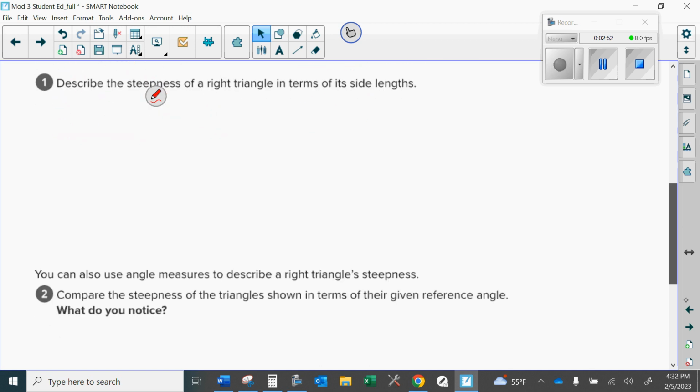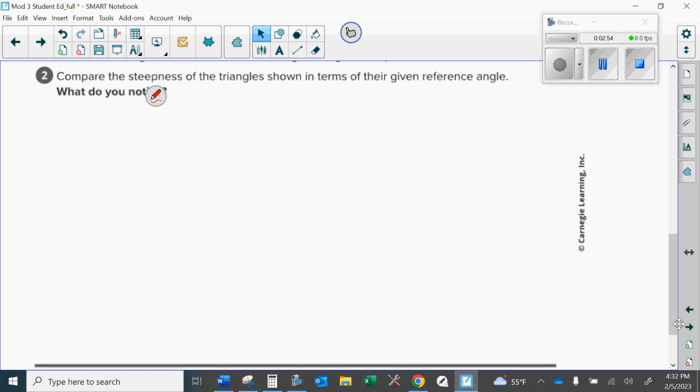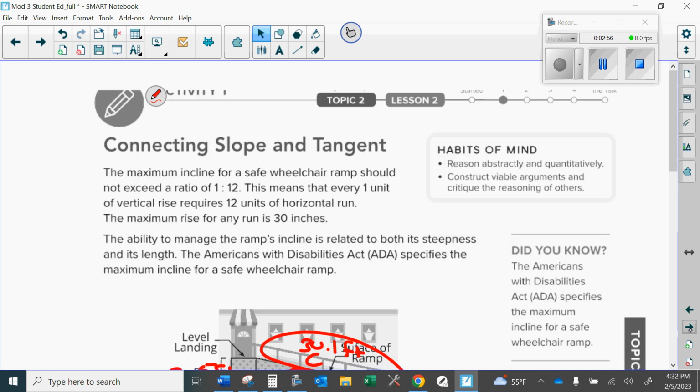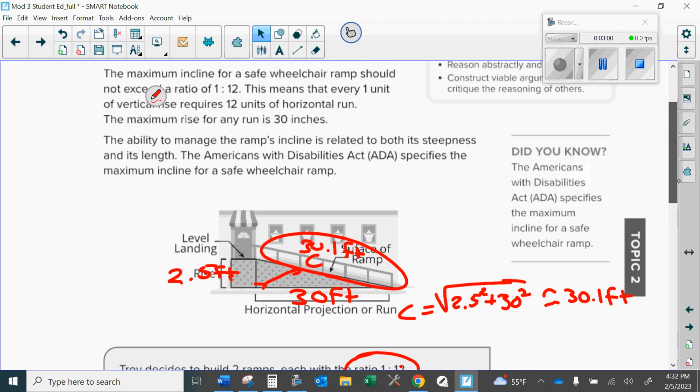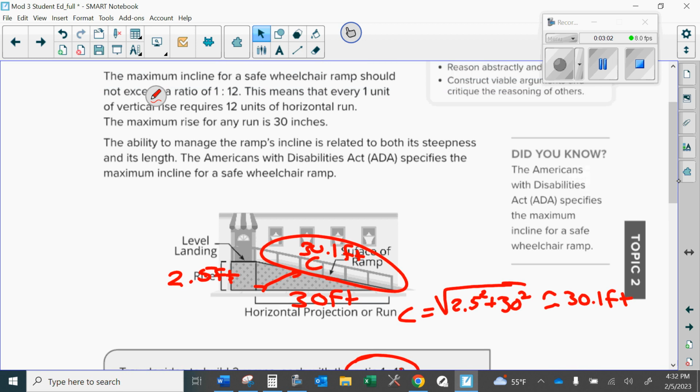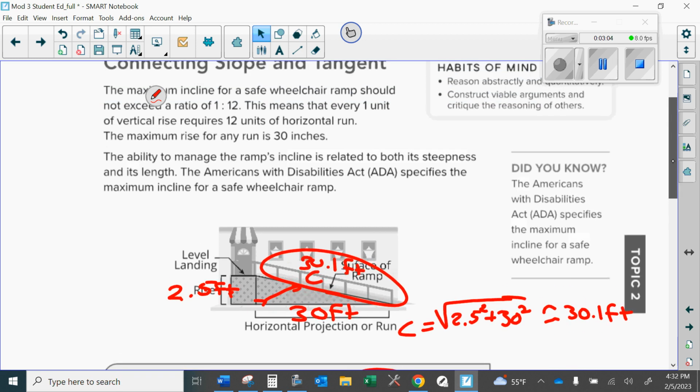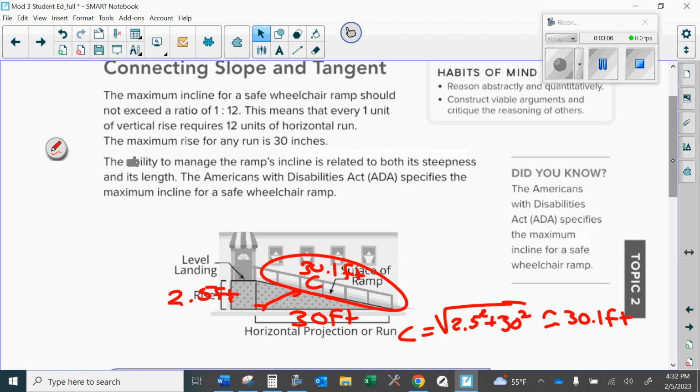Okay, so that's just a quick reminder of that. Okay, so here's an example. It says the maximum incline for a safe wheelchair ramp should not exceed a ratio of 1 to 12. So however high it is, it needs to be 12 times as long as that.